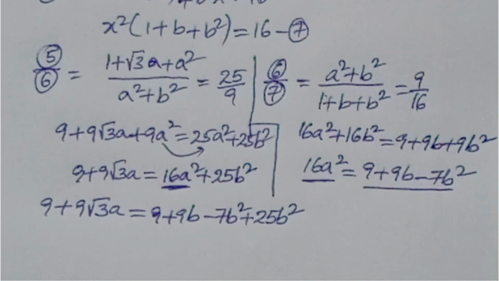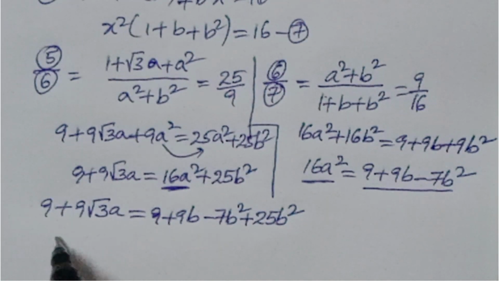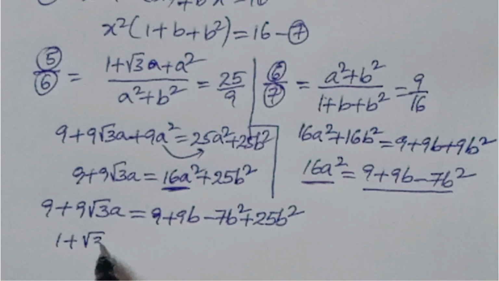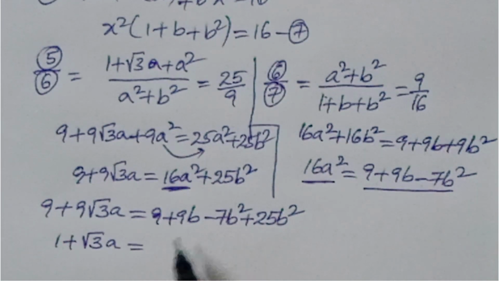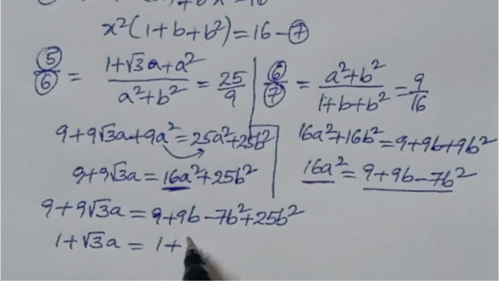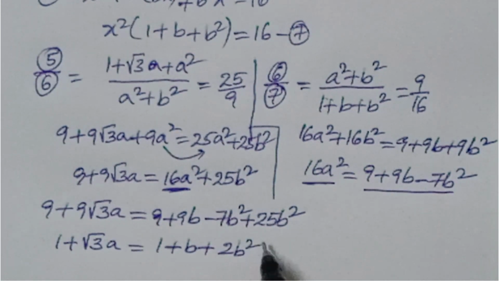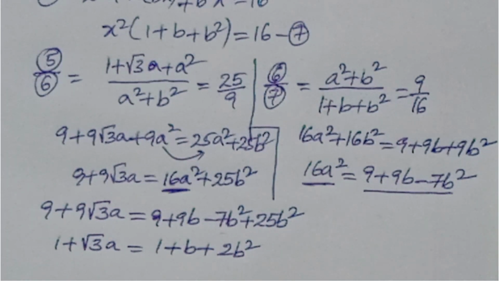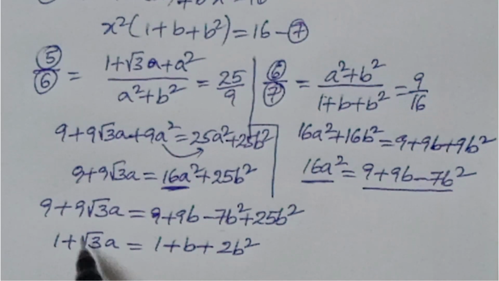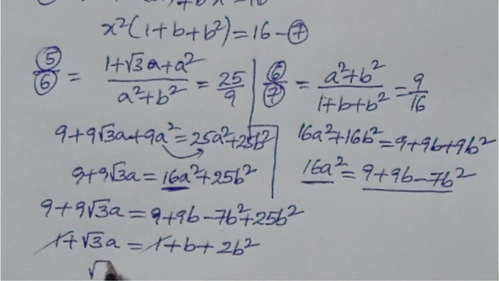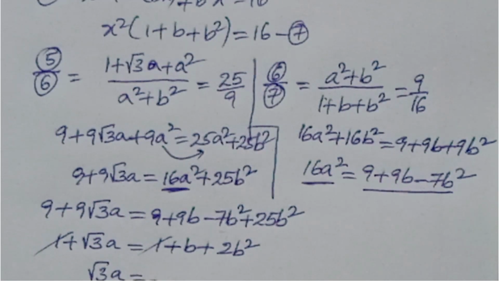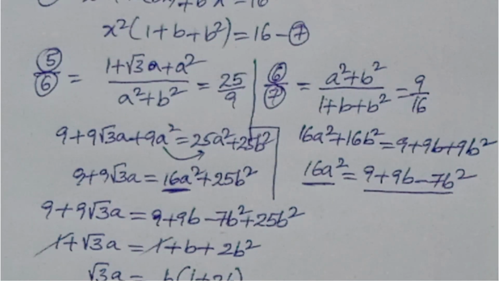So here what will we get, if you take 9 common, 1 plus root 3a is equal to 1 plus b plus 2b square. Here we get 18b square, so plus 18, 1 will cancel. Root 3a is equal to b common, 1 plus 2b.